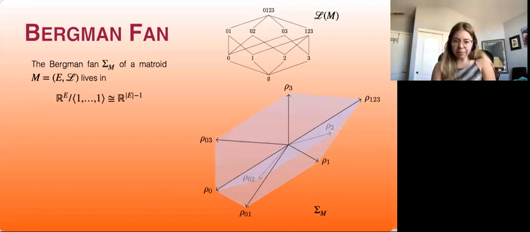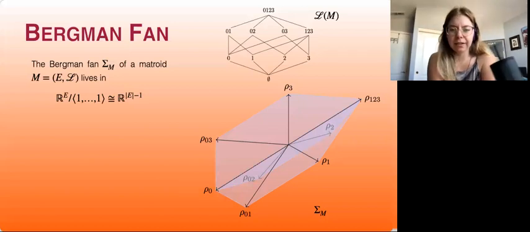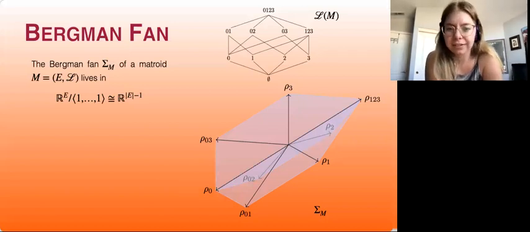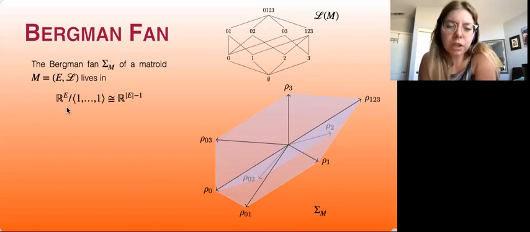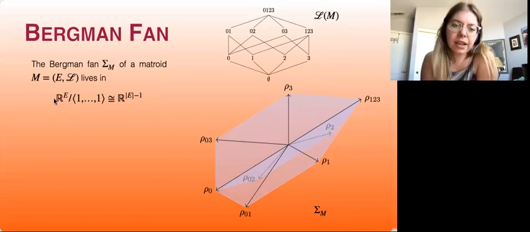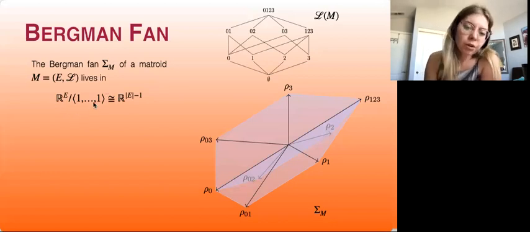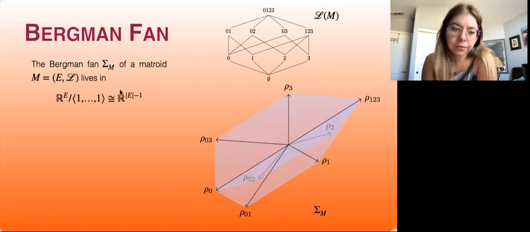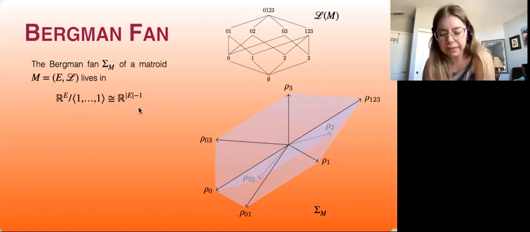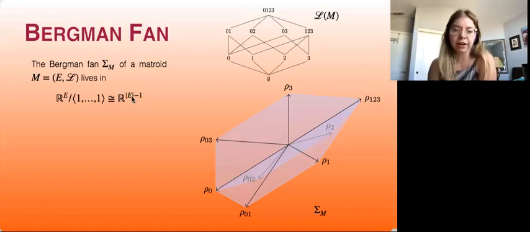So the Bergman fan of a matroid, I'll define the matroid by its ground set elements and its lattice of flats. The Bergman fan lives in the space R^E that has a basis associated to each element of the ground set, quotiented out by the all ones vector. So it lives in the Euclidean space of one dimension lower than the number of ground set elements.